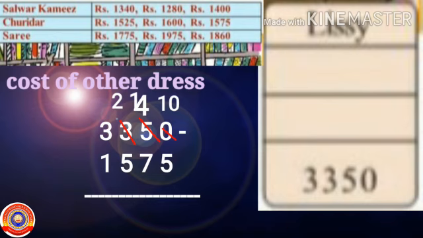Here again, we can't subtract 5 from 2. So, again we have to borrow 1 from 3 and carry it with this 2. So, 2 becomes 12 and 3 becomes 2. Now let's subtract. 3,350 minus 1,575. 10 minus 5, 5. 14 minus 7, 7. 12 minus 5, 7. 2 minus 1, 1. 1,775.